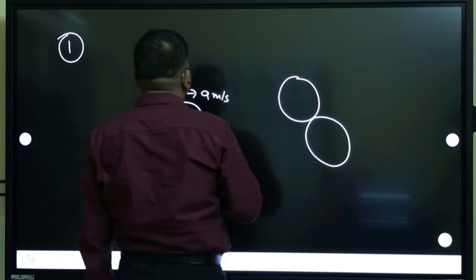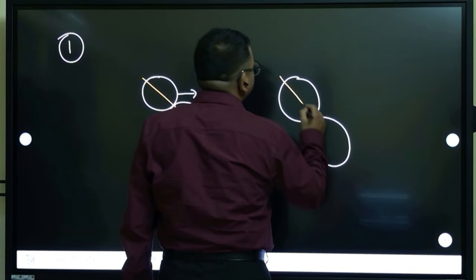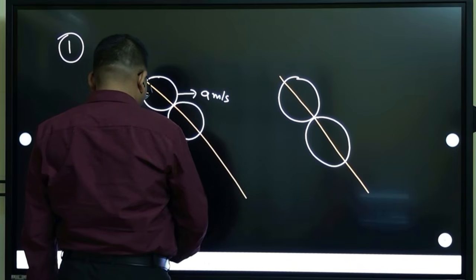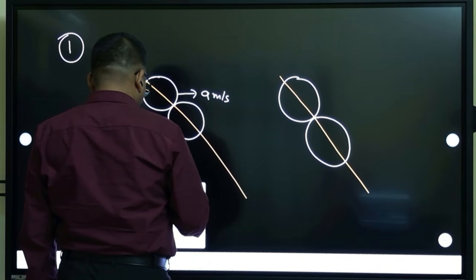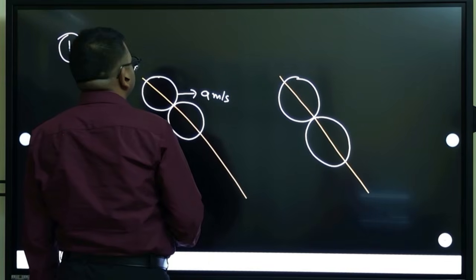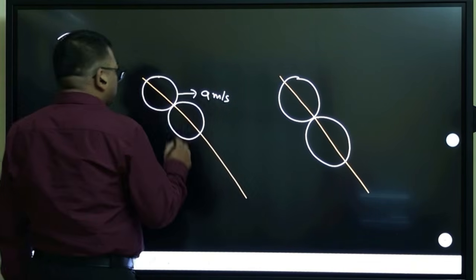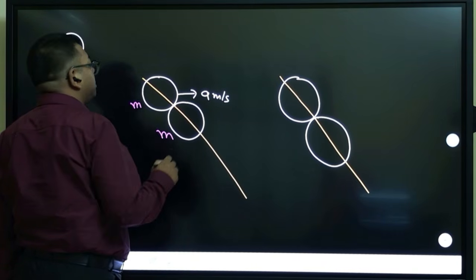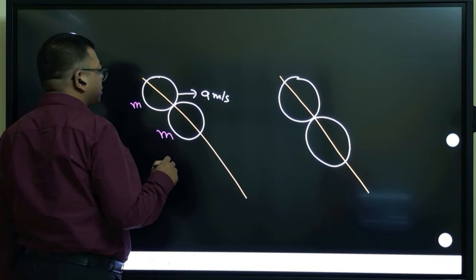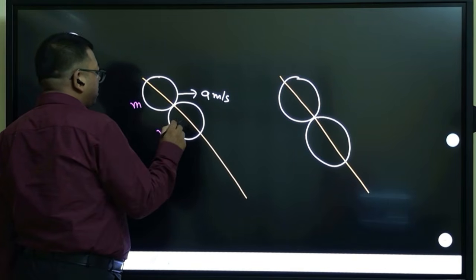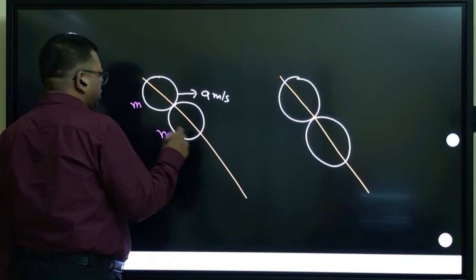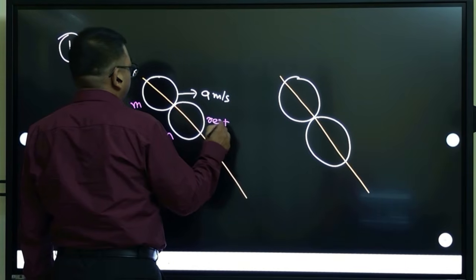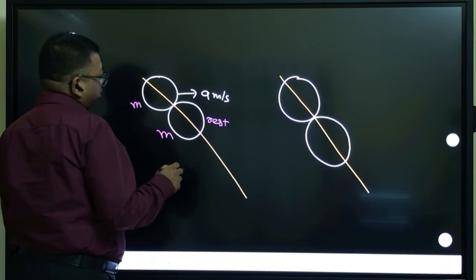The figure is given in the question. See, both balls are identical, same mass, right? And one of them is moving initially, other one is at rest initially, correct? First is moving, second is at rest.